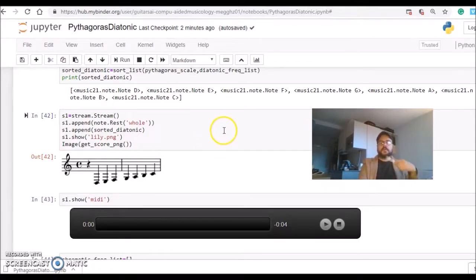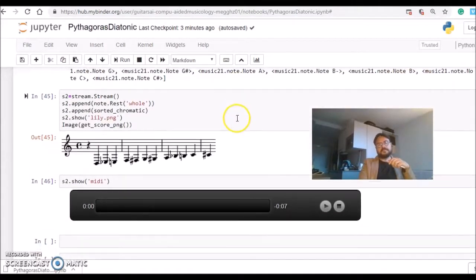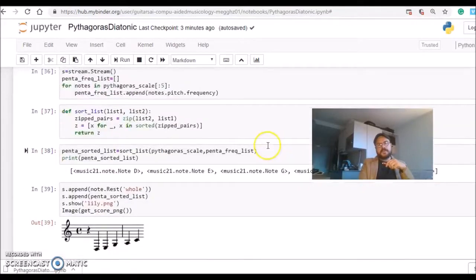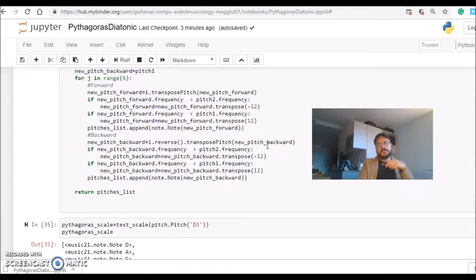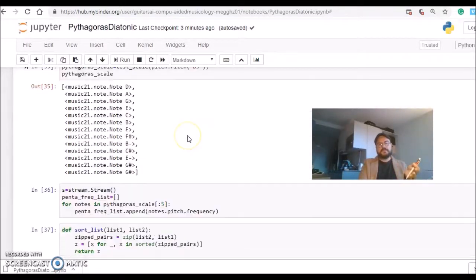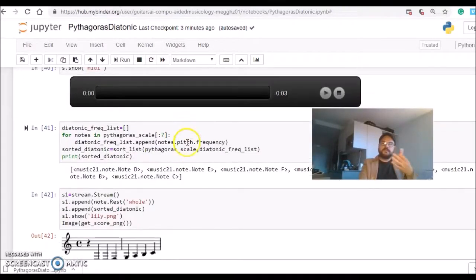And if we keep it going, we're now using the 12. We see that this is the chromatic scale. So we have all the 12 semitones of the chromatic scale from D to D. So it's very interesting to see how this ratio study of Pythagoras gives us the pentatonic, the diatonic, and the chromatic scale.